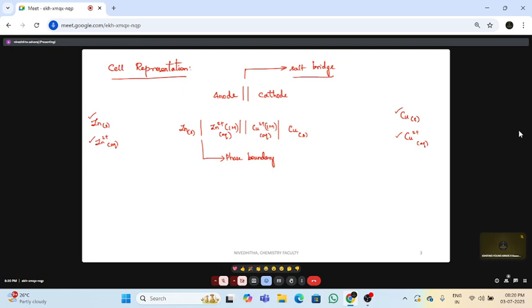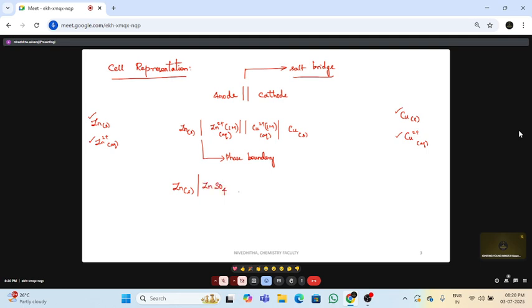So this is the cell representation. From the cell representation itself, we can understand which is anode and which is cathode. The left side will have the anode where oxidation is happening. The right side will have the cathode where reduction is happening. That's it. Instead of copper 2+ and zinc 2+, we can also replace them with the salts which we actually used.